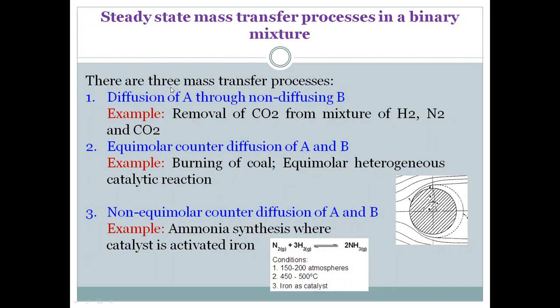And there are 3 types of mass transfer processes. First one is diffusion of A through non-diffusing B. Here we will consider only a binary system. In mass transfer 1 and 2 we will discuss only the binary system, that is A and B.